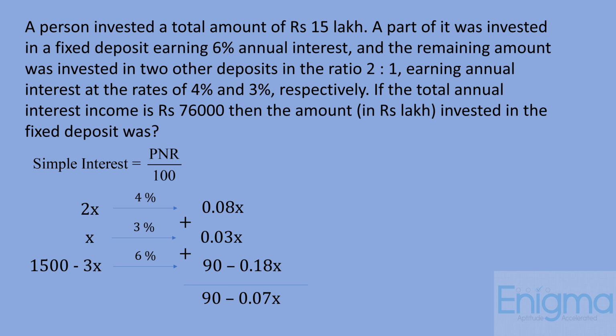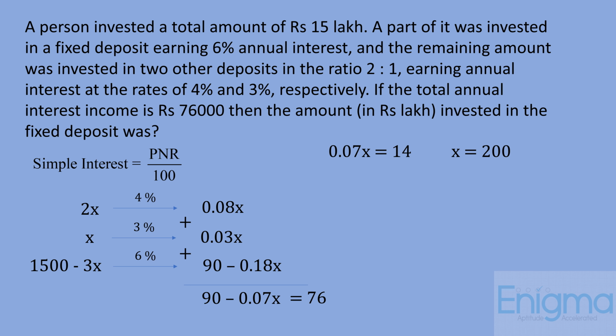As all values are in thousands, we will just write it down as equal to 76. So now solving this further, we get the equation as 0.07x is equal to 14. Solving further, we get the value of x as 200. That means 200,000, or in other words 2 lakh rupees.